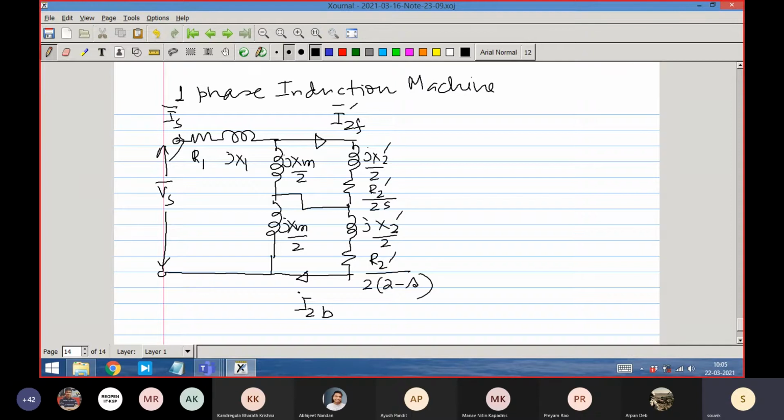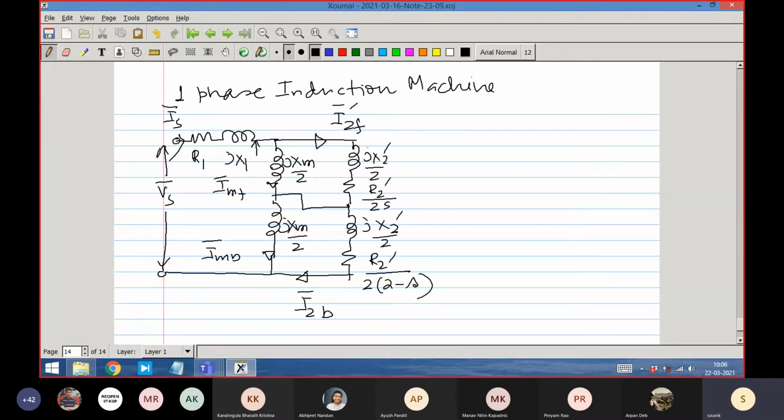This is the second rotor current. Two rotor currents, this is the uniqueness. And this is the magnetizing current corresponding to the backward magnetic field. This is the magnetizing current corresponding to the forward magnetic field.